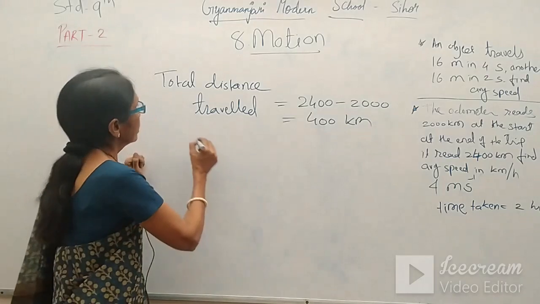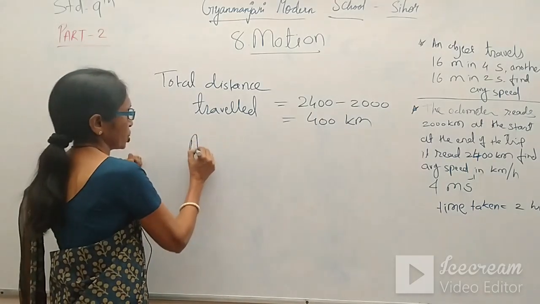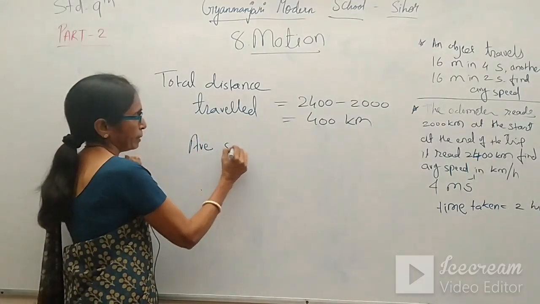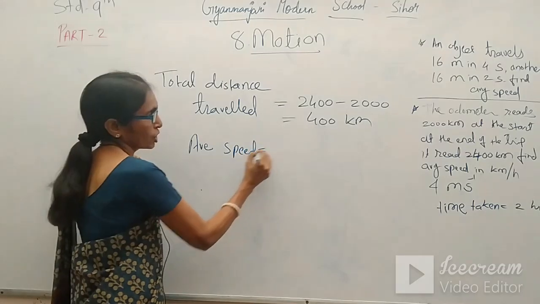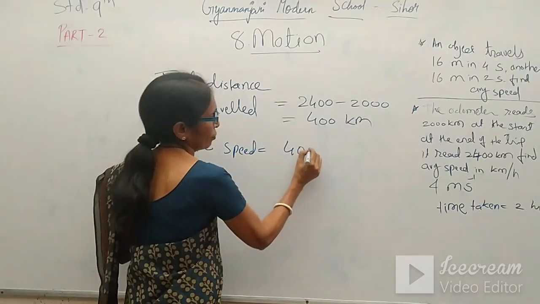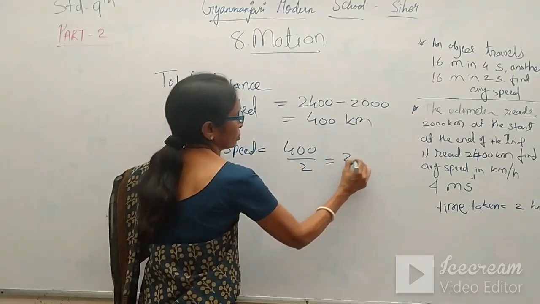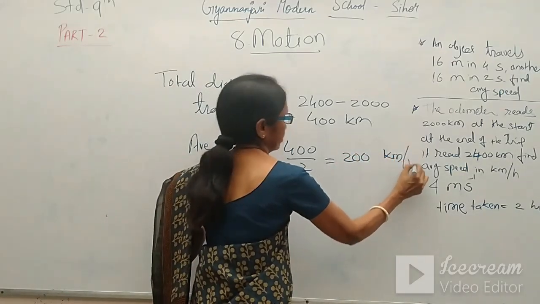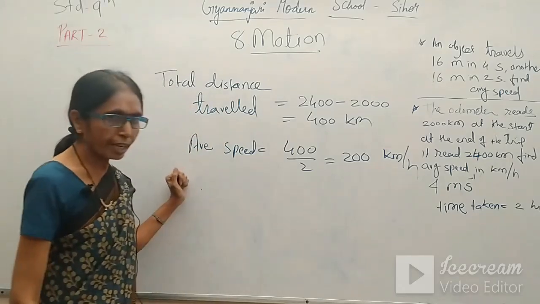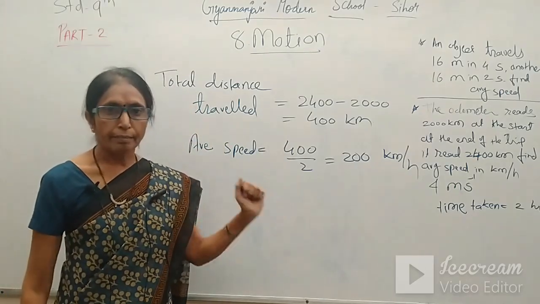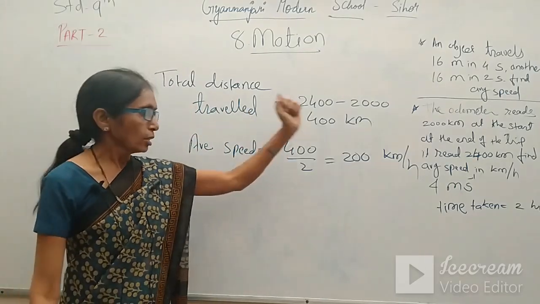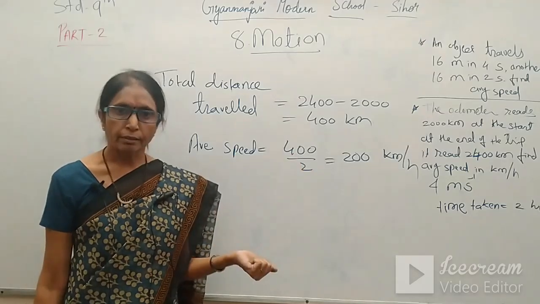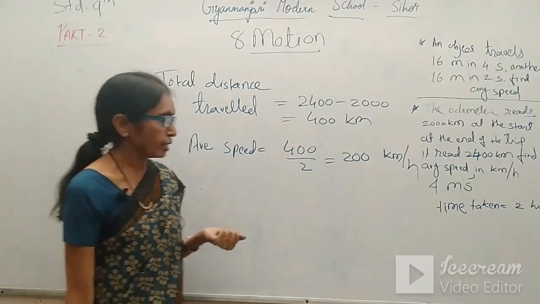Then the average speed is equal to distance upon time, 400 upon 2, which is 200 kilometers per hour. This is the average speed of the vehicle.